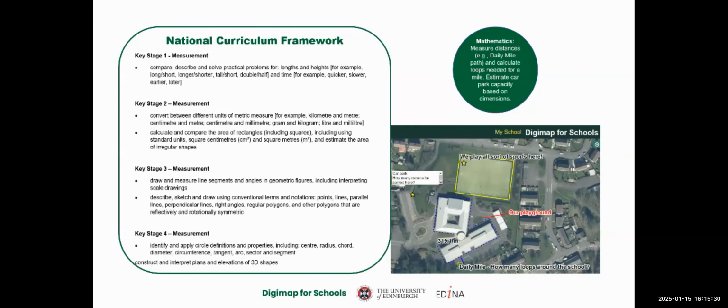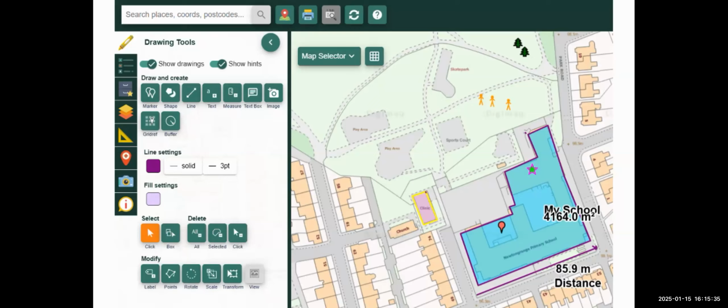So here, what I've done is I just took a screenshot of what you'll find in Digimap for Schools, just to show you that, yes, they can add markers, they can trace shapes and create polygons as we've done here. Then they can go and measure those polygons. They can create lines and measure those lines, they can measure distance, they can measure area, they can use the buffer tool.